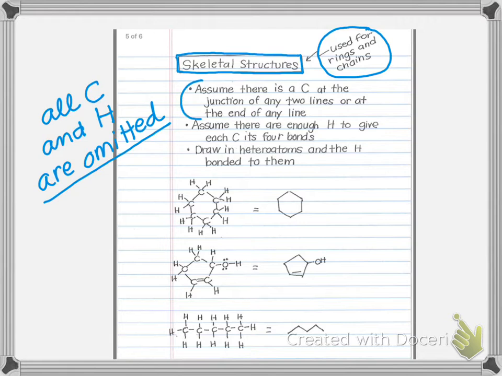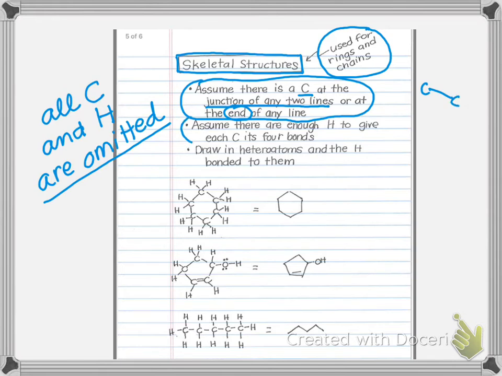So you see here, we're just going to have lines like bones. And every place, we're going to assume that there's a carbon anytime 2 lines come together or at the end of any line. So lines are going to represent carbons. So if you just had a single line like that, it would represent carbons at the end of it.